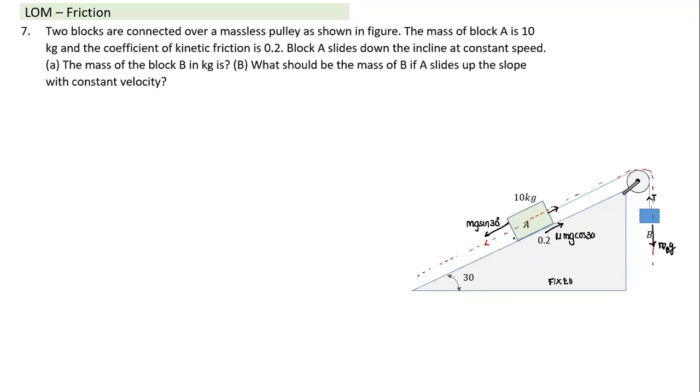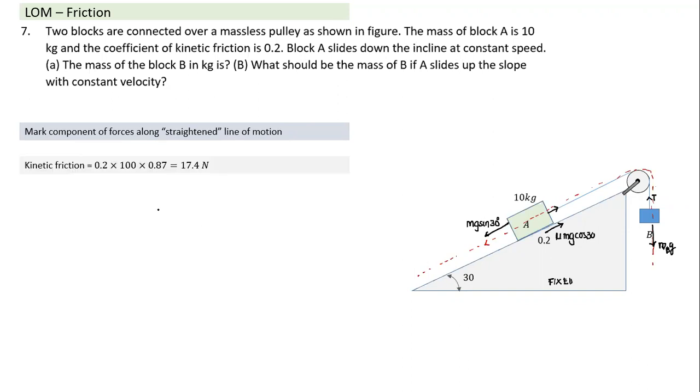To simplify this question, once we mark the forces, we can represent the whole thing as a straight line. I have marked the components of forces along the straightened line of motion. What is the kinetic friction here? Let's mark these values also: 0.2 into 100 into cos 30, which is 0.87.